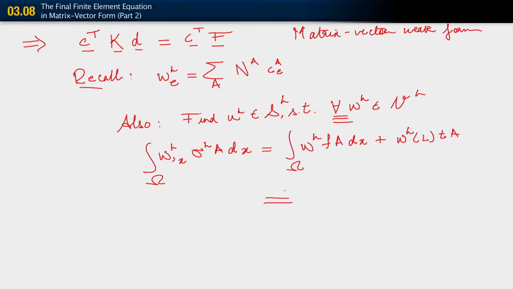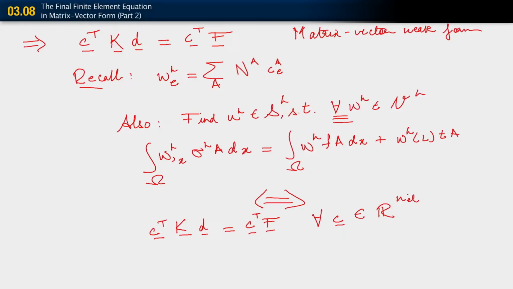Essentially, what represents w^h is the following. This equation of ours is completely equivalent to our statement at the top of the slide, C transpose K D equals C transpose F, when we realize that this has to hold for all C belonging to this R^nel space.